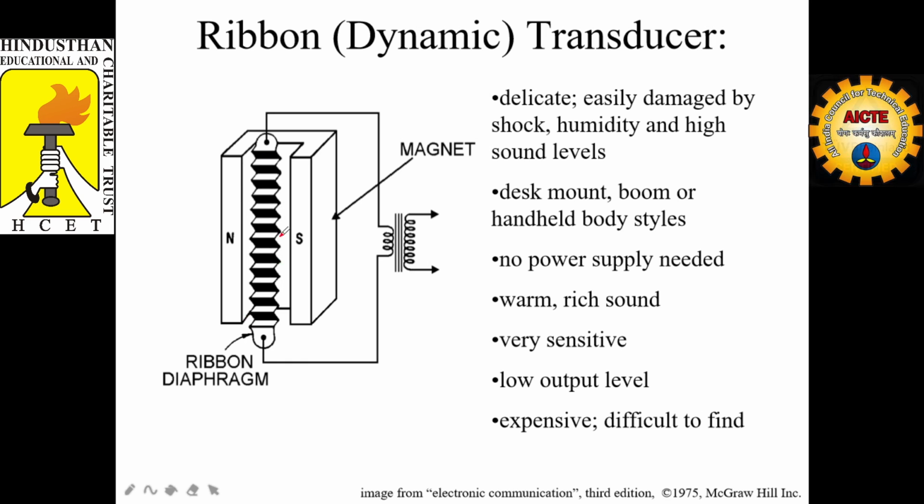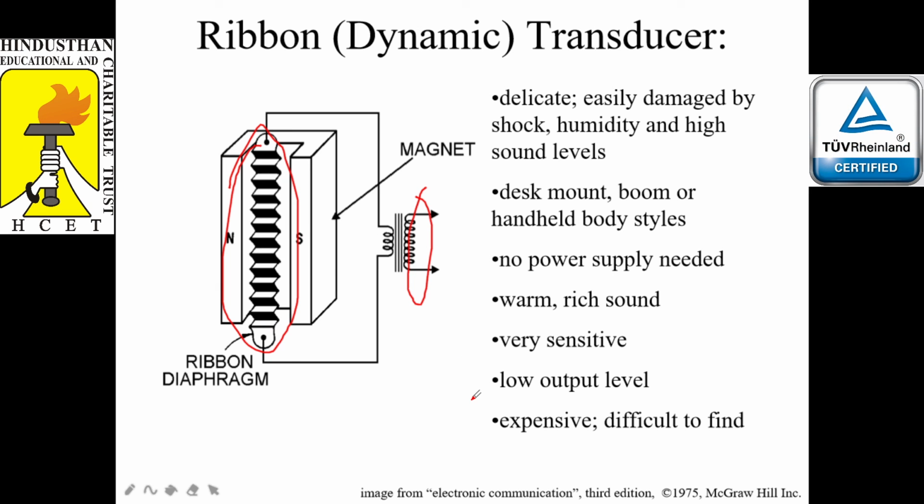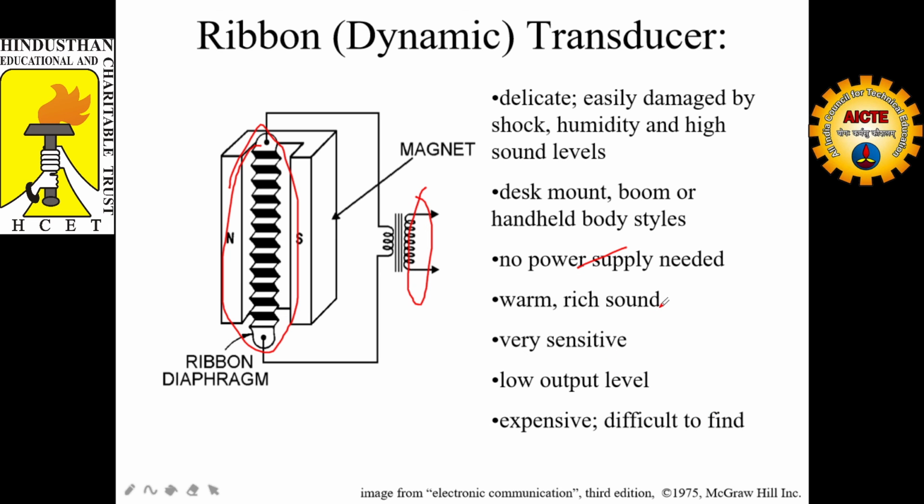This ribbon is very sensitive. Whenever a person speaks, it starts moving front and back, which produces electrical impulses based on the direction of the ribbon's movement, and it also doesn't require any power supply. Its output is very good and its sensitivity is very good, but it's also expensive.